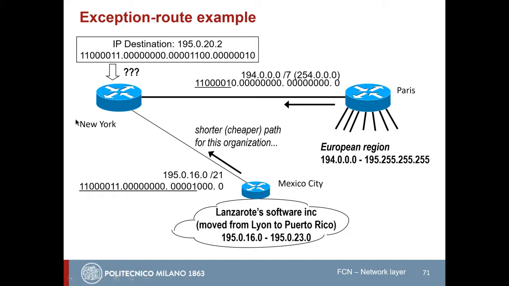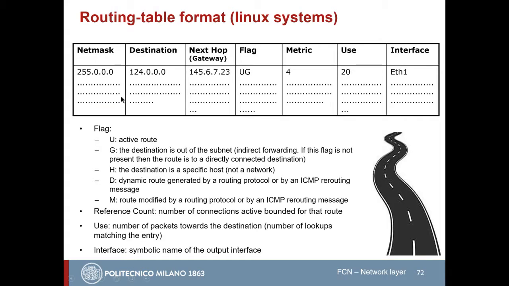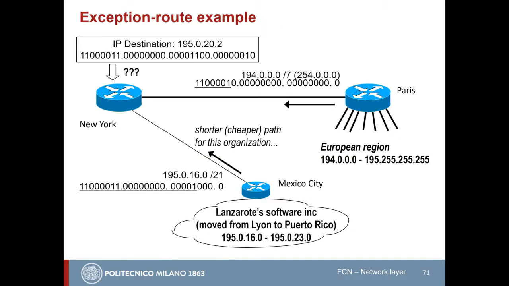So when we have a router outside, for example in New York, so it's in another region, how can we configure the router? If we only use address aggregation, this router will have a single entry which corresponds to the European block, for example.